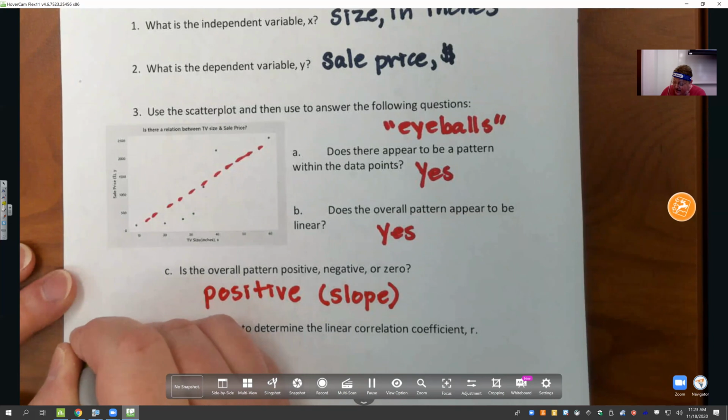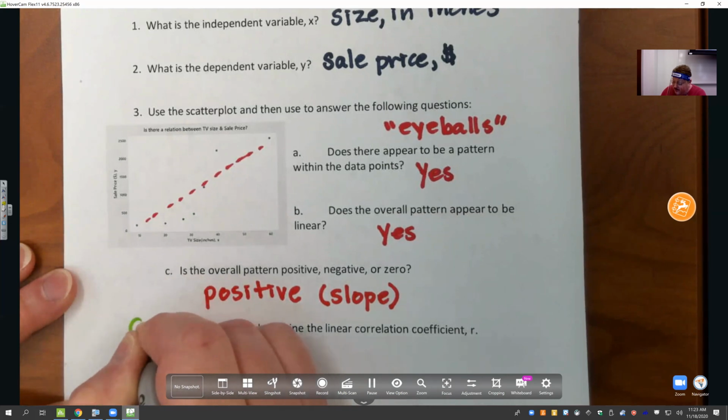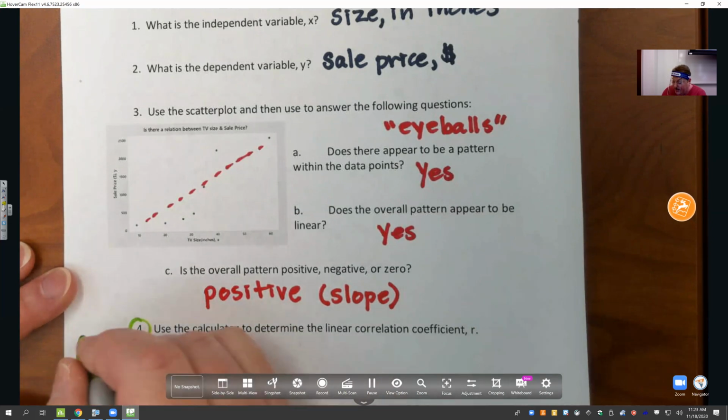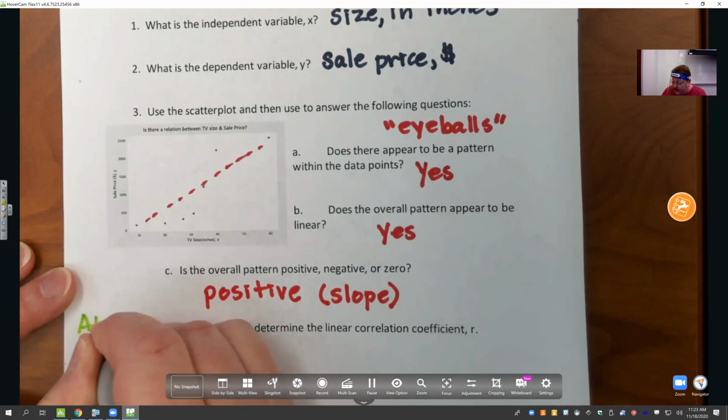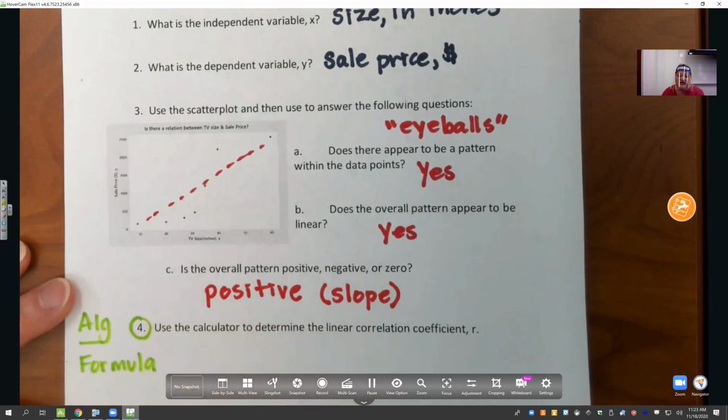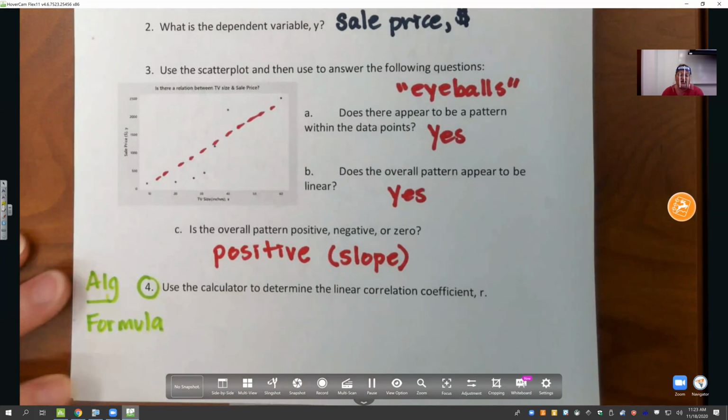Okay, so then we move to question 4, which is also really step 4, and we're going to look at it from an algebra perspective. We're going to use a formula to calculate the linear correlation coefficient. Now, I need to give you a big caution here, okay?